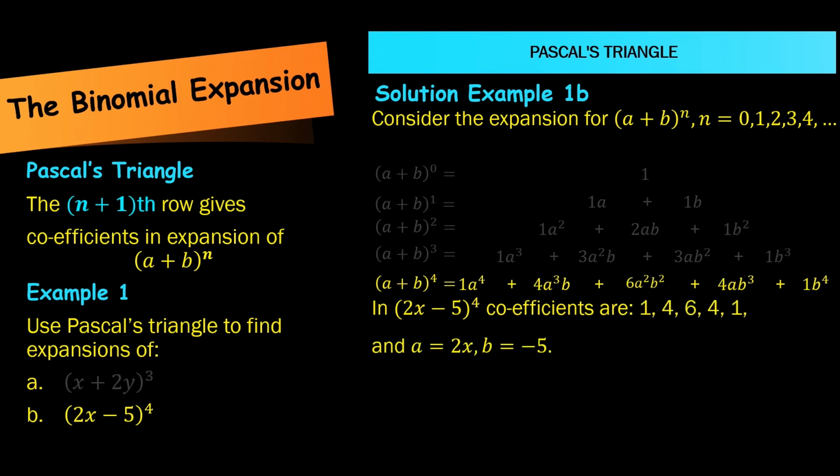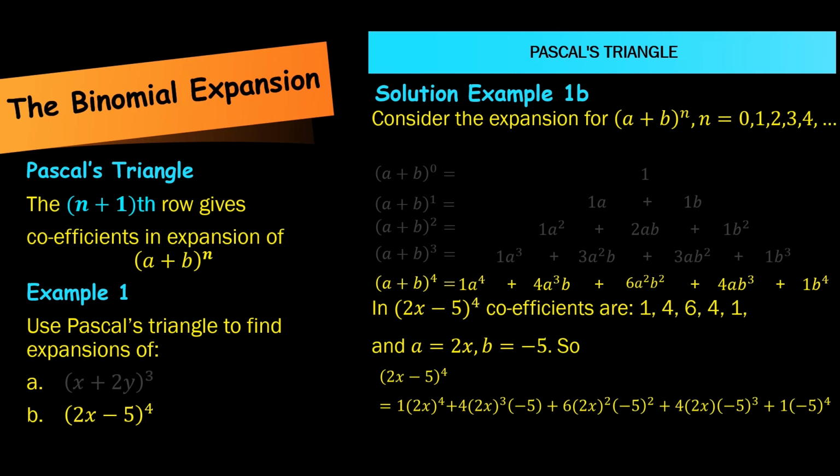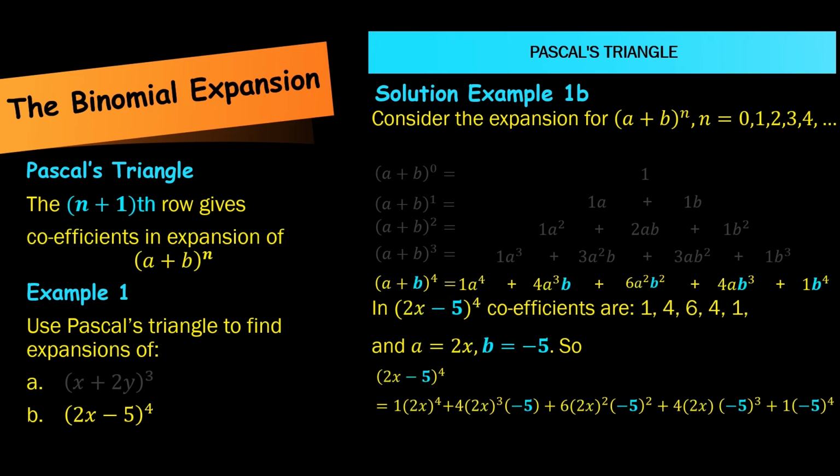So this time, let's substitute a for 2x and b for −5 to give us a equal to 2x substituted as shown and b equal to −5 substituted as shown.